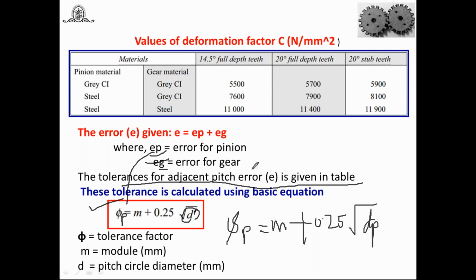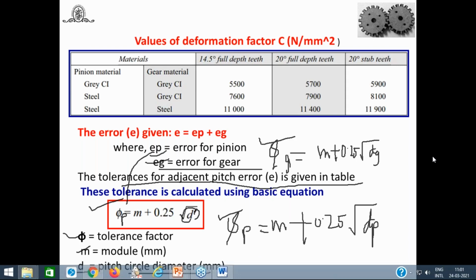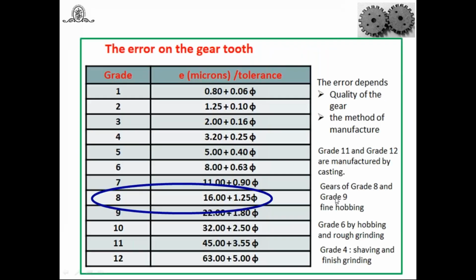If you are calculating for a gear, this equation becomes phi g is equal to m plus 0.25 under root dg. Here phi is the tolerance factor, m is the module, d means PCD, PCD for pinion, PCD for gear. Accordingly, you can modify this equation. Okay, let us see how to find out.